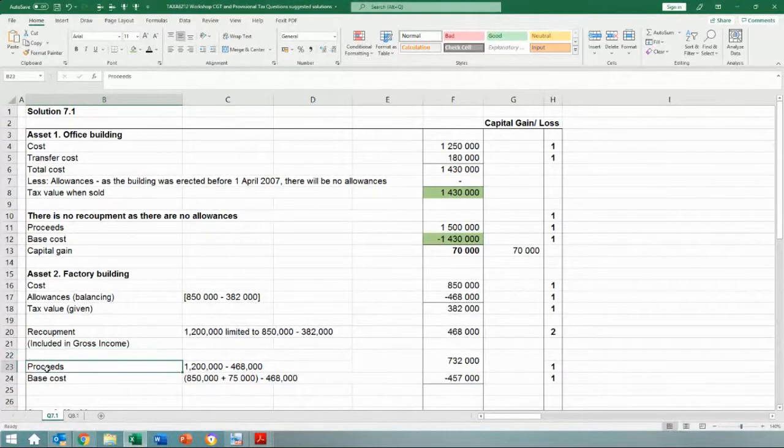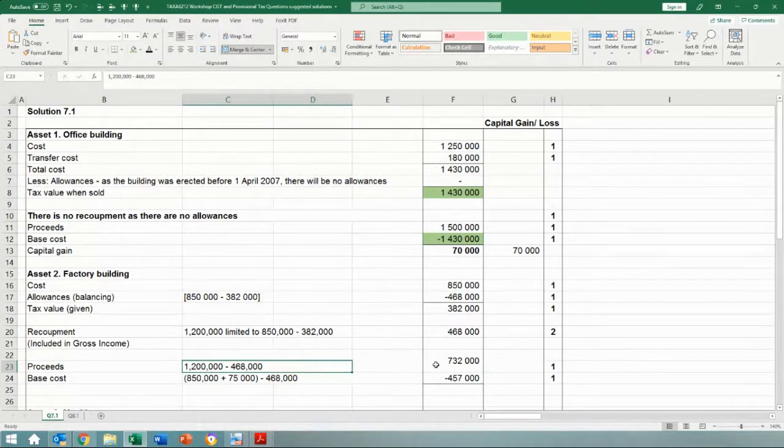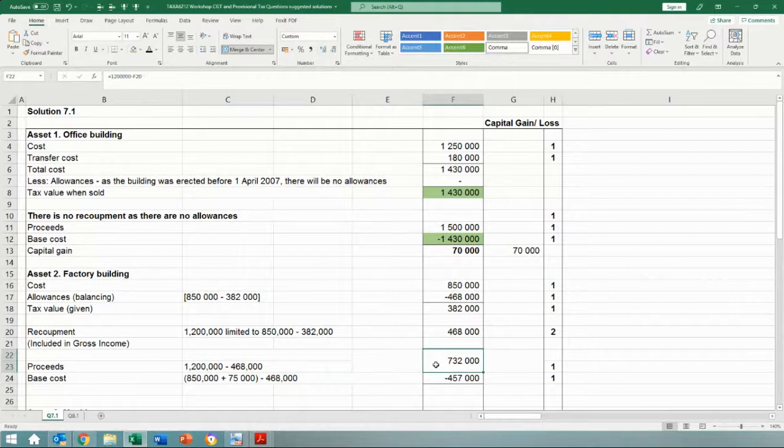But now we said for the capital gains tax, we take the proceeds and we have to reduce any amount that's already included in gross income, which is the 468,000. Okay, so we take the 1.2 million and we reduce it by the recoupment amount that we are already taxed on. So our new proceeds is only 732,000.